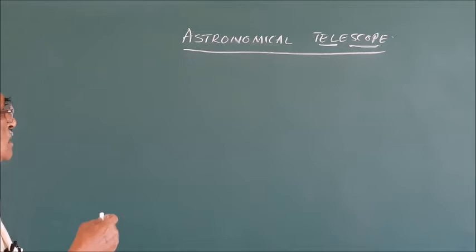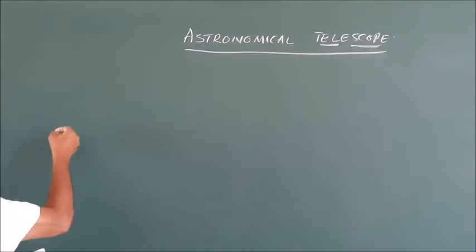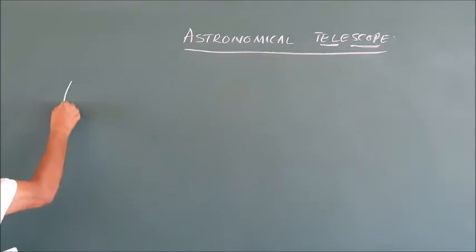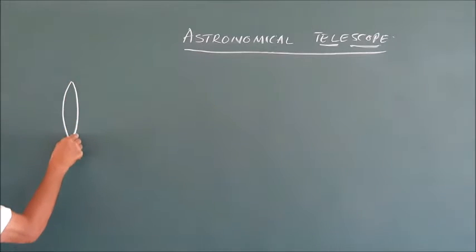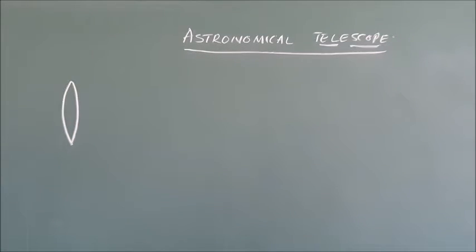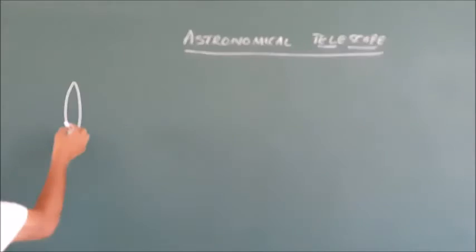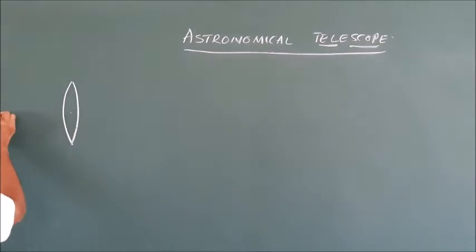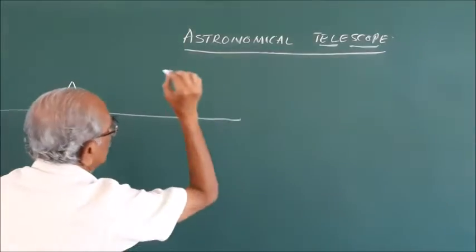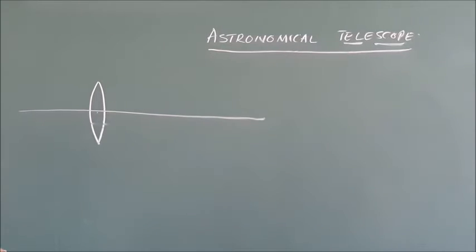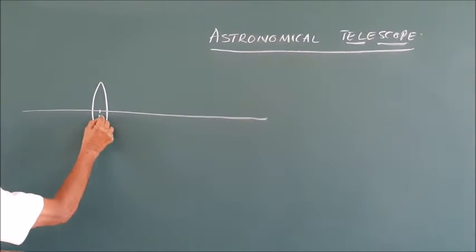Now, a common astronomical telescope consists of a convex lens, with its optic axis, principal axis rather. This is called the objective.